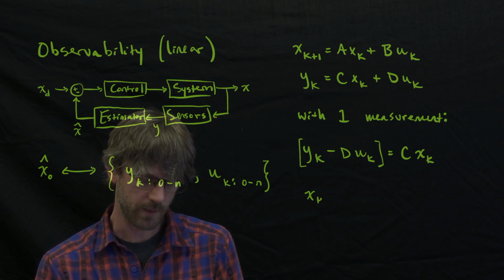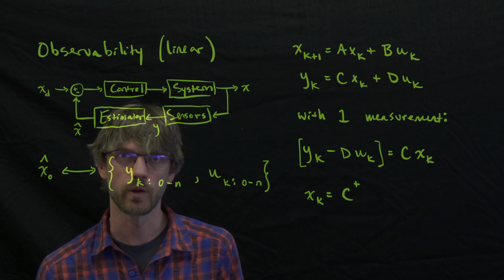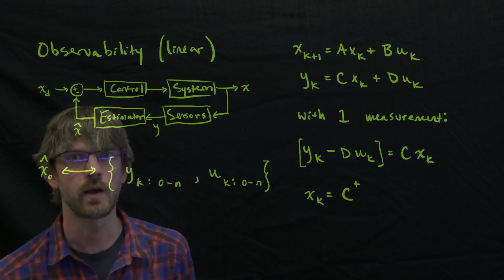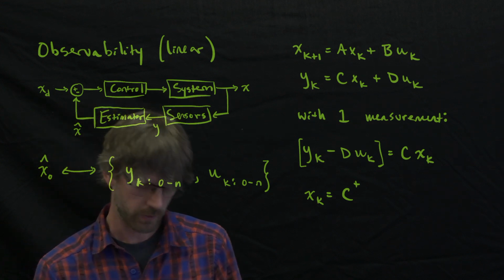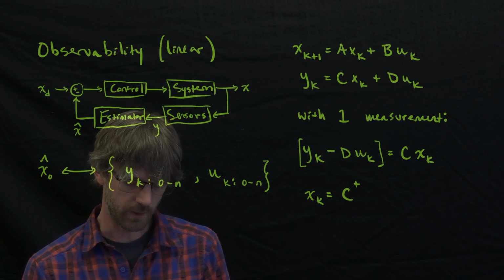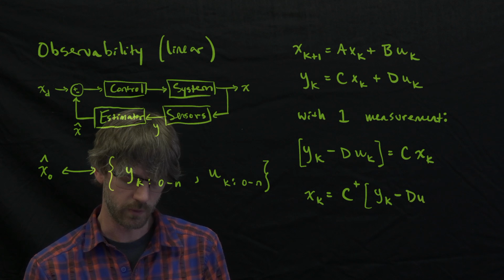And then we would get that x k is going to be equal to C, and I'm going to write here a plus for the pseudo-inverse because chances are likely that you won't be able to take an explicit inverse. So we'll have the pseudo-inverse here times y k minus D u k.